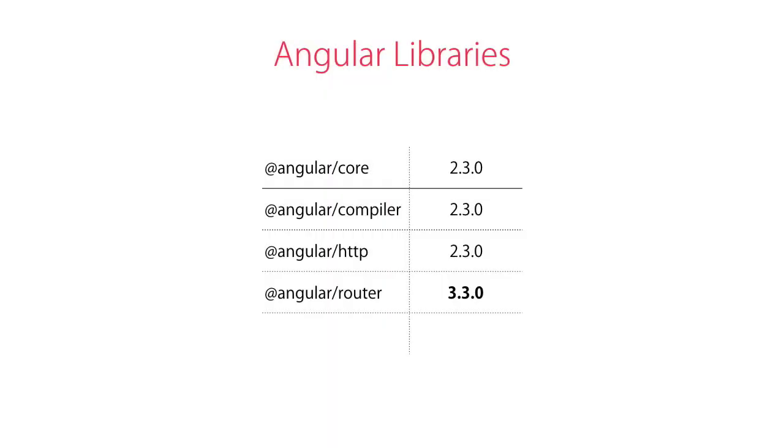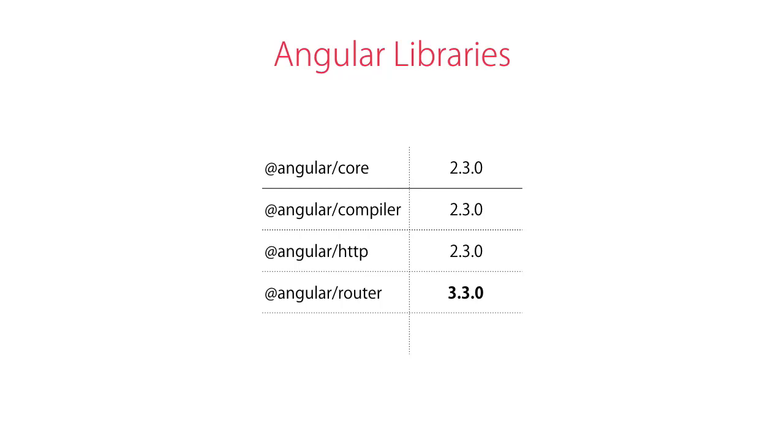Angular consists of a few different libraries that are distributed as separate node packages via npm. For example, we have the core library that we use in every application. We have Angular compiler. We have Angular HTTP for calling HTTP services. We have Angular router for adding navigation to applications and a few other libraries.